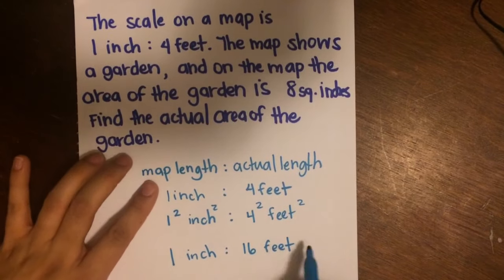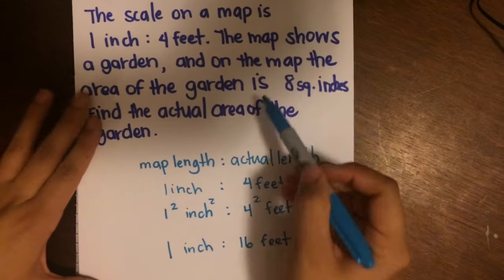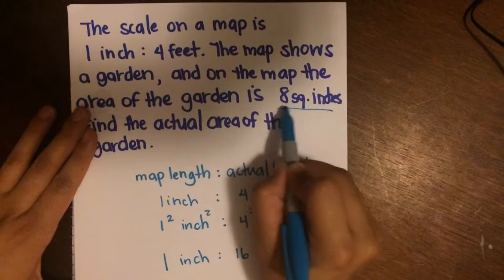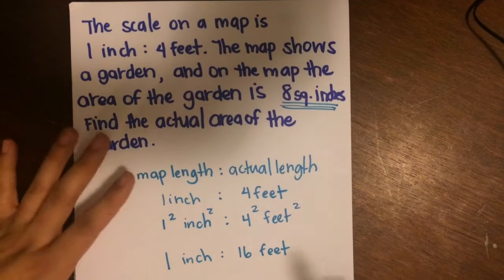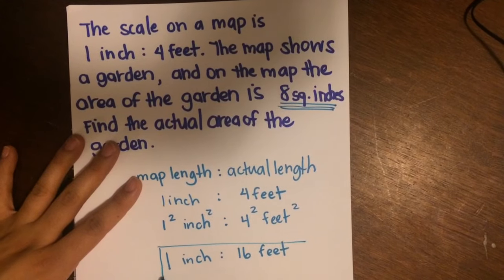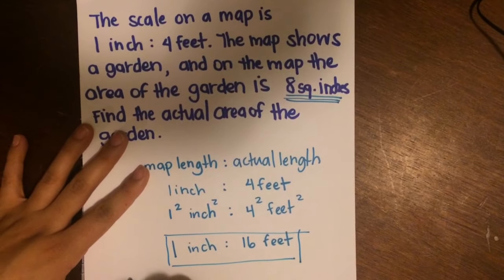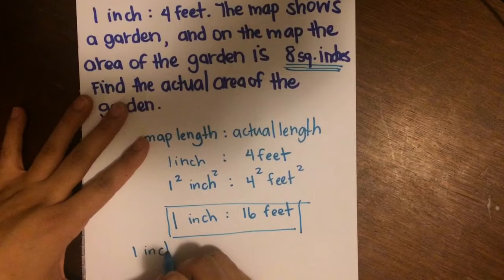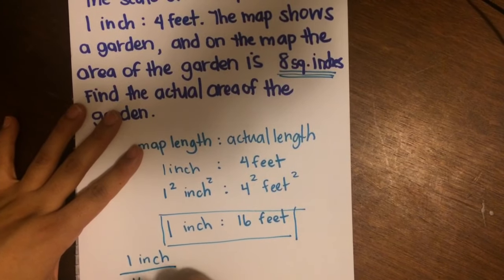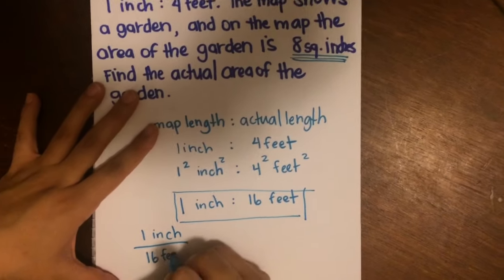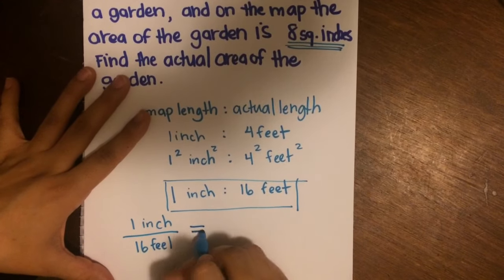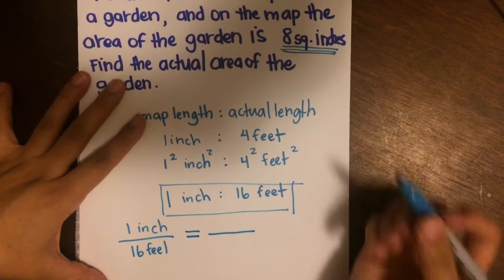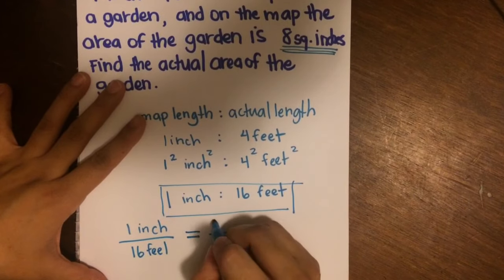All right, now that we have this, we know that the other piece of information inside of our problem was 8 square inches. So, like we did yesterday, we will turn this comparison into a fraction and set it into a proportion where it is equal to the ratio of 8 square inches.